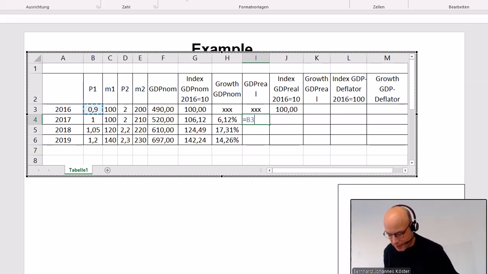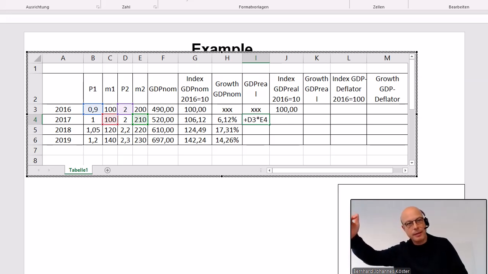So 0.9 times 100 plus 2 times 210. If you click into this formula here, you see also highlighted what you have done. So 0.9 times 100, 2 times 210. And also this is done in the same way for every year. So again, we can just shift down the formula.